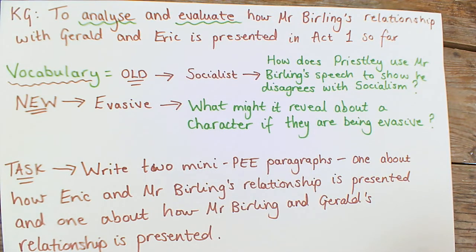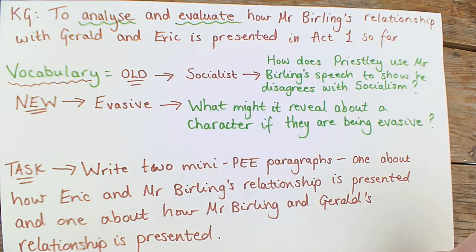So, today we're going to analyse and evaluate how Mr. Birling's relationship with Gerald and Eric is presented in Act 1 so far. So we've already seen some things with Mr. Birling and Gerald and Mr. Birling and Eric. Gerald so far seems to agree with everything Mr. Birling says, and we know that Mr. Birling really wants to make sure Gerald thinks well of him.